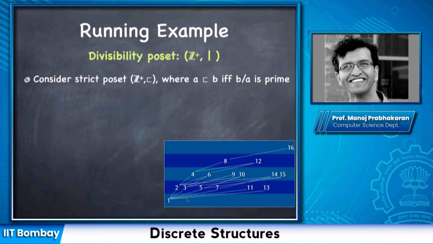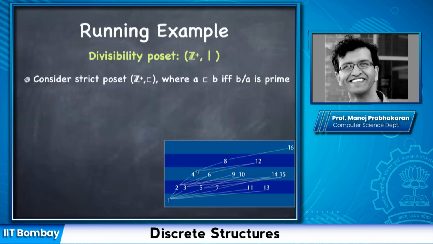And I've drawn it in such a way that I'm not drawing the arrowheads. So 1 is related to 2 because 2 divided by 1 is a prime number. 2 is related to 4, since 4 divided by 2 is a prime number. I've drawn each edge a little upwards so that the arrows are meant to be going up.